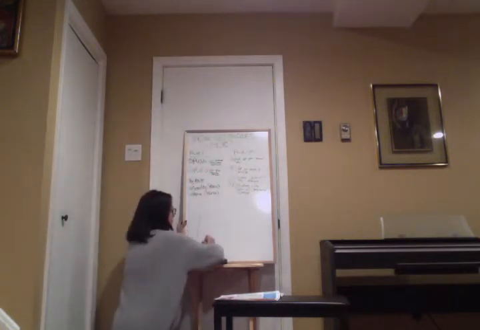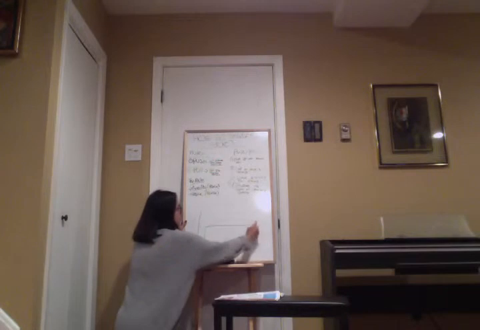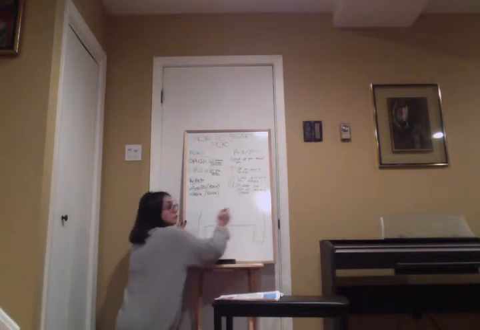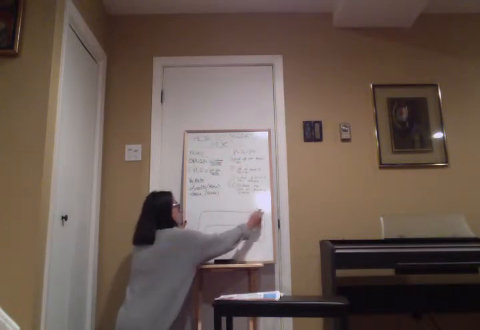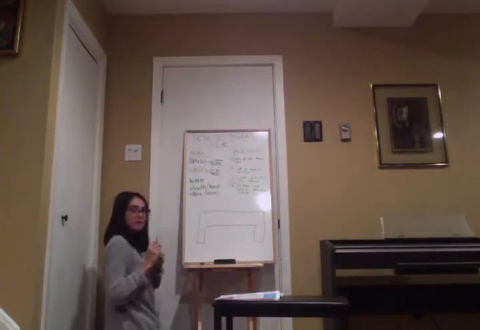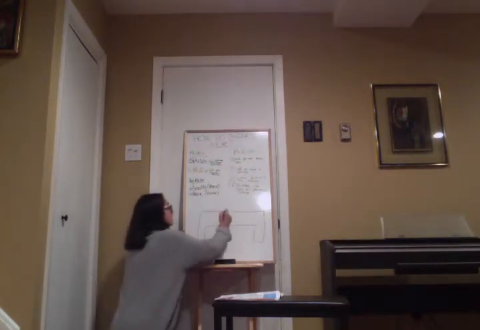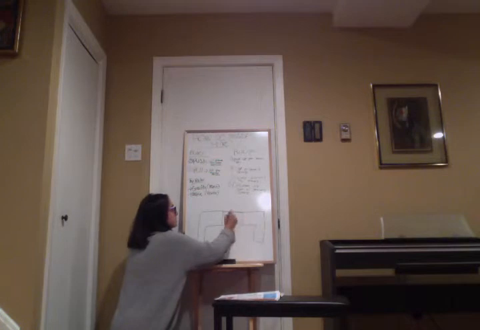So we're going to first draw the table that all of you drew. So we all agree that there's a table. And then here we're going to put the newspaper and the ruler.